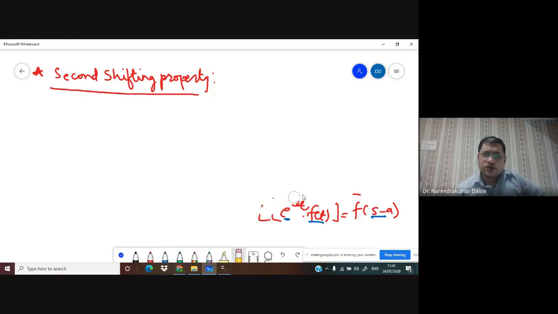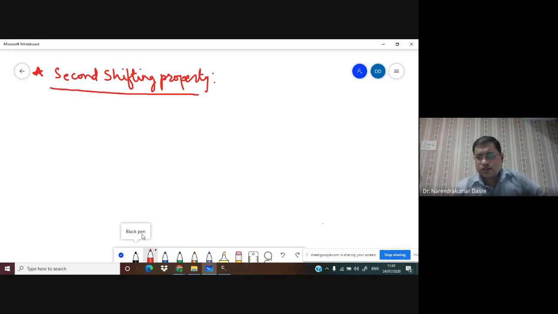Now we have to think of the second shifting property. See, there are two types of delays generated in the system: one is the controlled delay, the other is the uncontrolled delay. These delays have their own benefits to us.